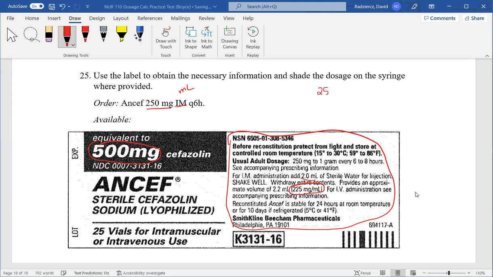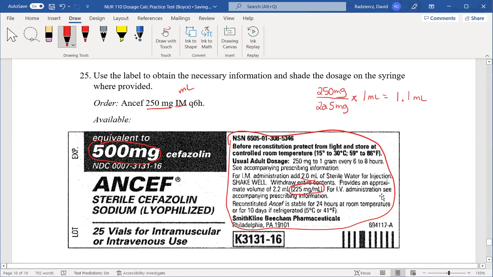So my order is the 250 milligrams over the 225 milligrams available times my quantity of 1 milliliter. 250 divided by 225 gives me an answer of 1.111111. So my answer would just be 1.1 milliliters.